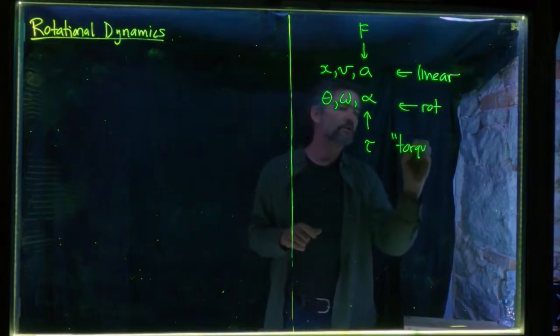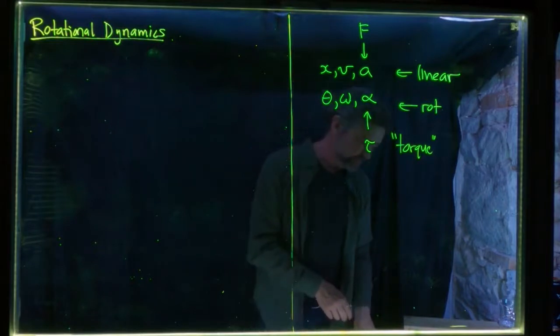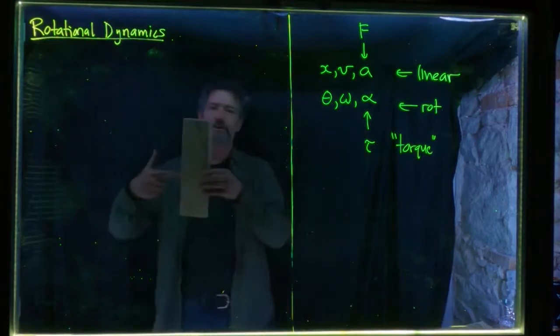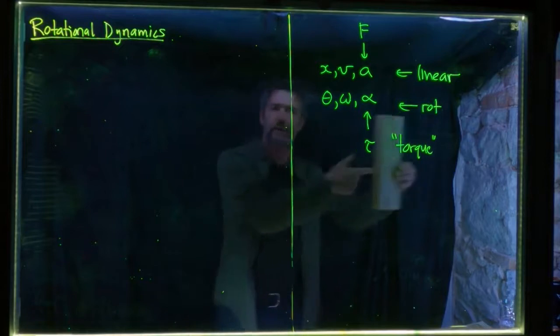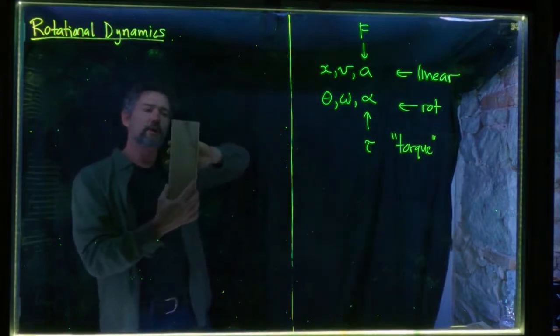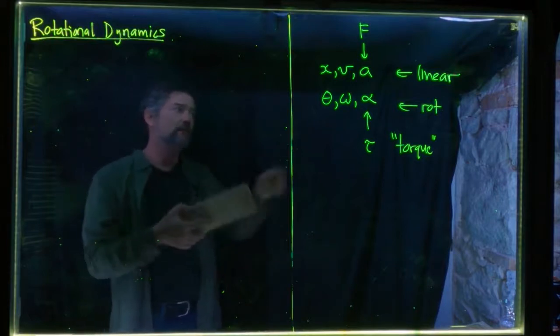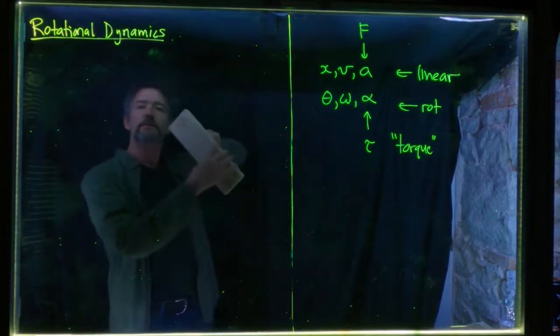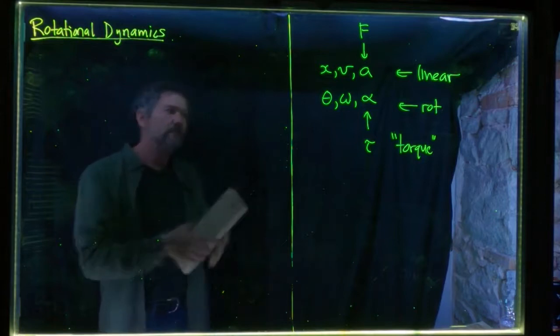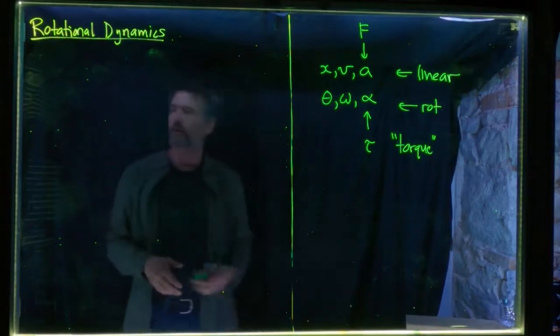Torque is a kind of twisting force. So rather than a force along the x-axis causing acceleration, what we're wondering about is what kind of force is required to cause an object to rotate faster and faster, to have an angular acceleration alpha. Well, that's some kind of twisting force, so called a torque. And that's what we're trying to figure out now. What is this thing called torque?